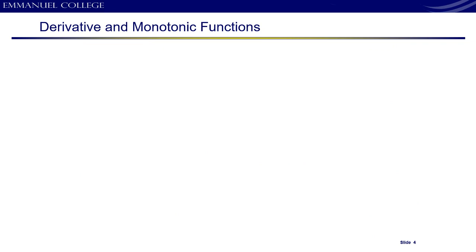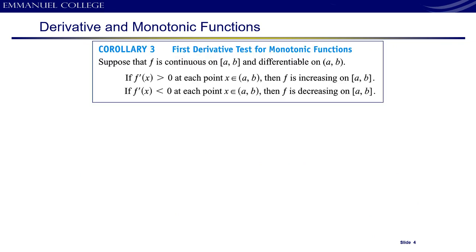So to go on, the first derivative test is a way to test for monotonicity, or just to test to see if it's a monotonic function. And this is where you have to be careful with some definitions. Suppose that f is continuous on the closed interval [a, b], and it's differentiable on the open interval (a, b).